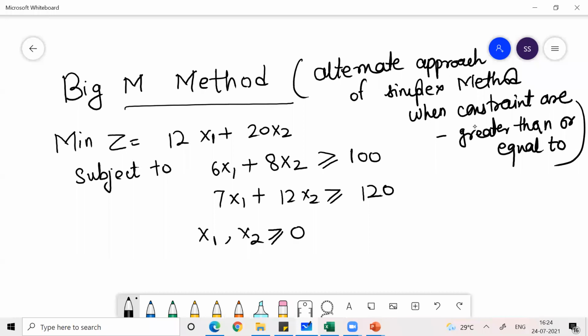If after constructing the equation you observe that the constraint has a greater than or equal to sign, then you cannot solve that problem by using the simplex method, because in the simplex method the constraint should be less than or equal to. Then all such problems are solved by the Big M method.